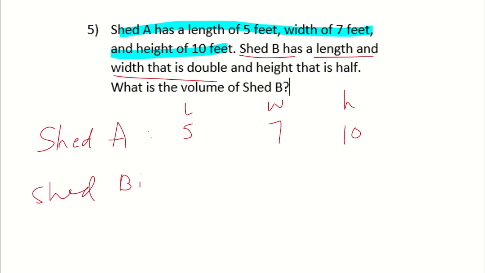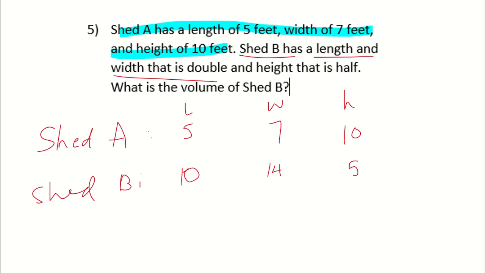So we're going to use those numbers. What would double of 5 be? It would be 10. And double of 7 would be 14. See how we're supposed to use those shed A's numbers to get shed B? And then it says height is half. Well, what is half of 10? That would be dividing by 2. So that's going to be 5.